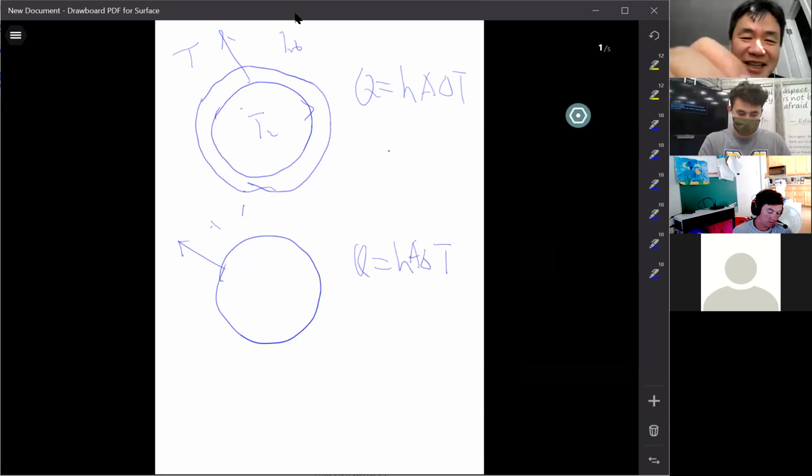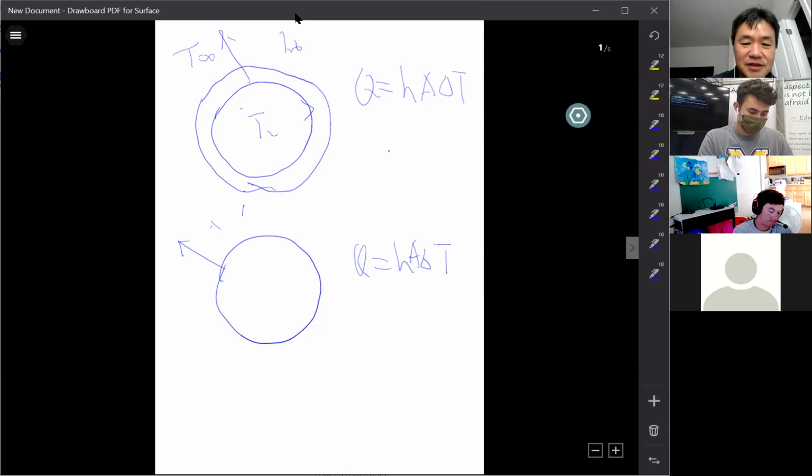Okay. Let's say you have the inside temperature and the outside temperature. Two situations, right? Look at this. h is the same, delta T the same, right? How about the area?